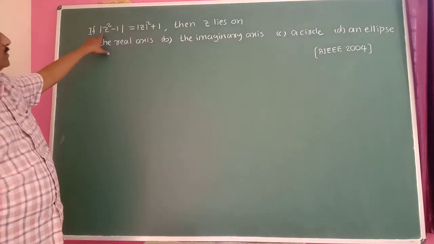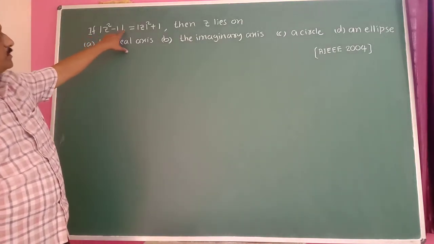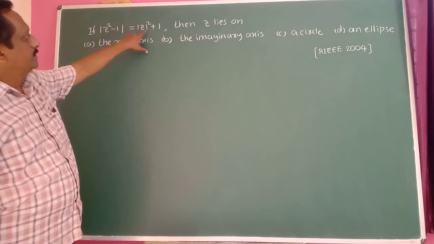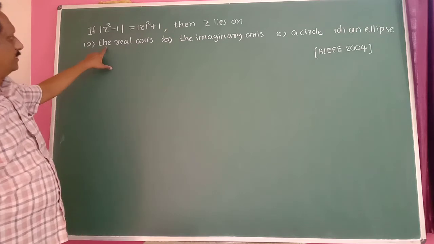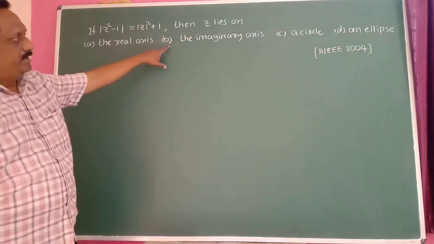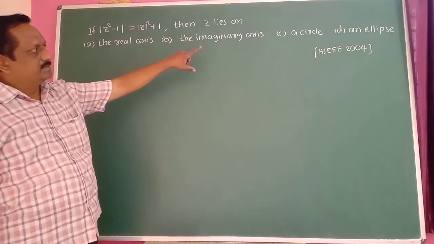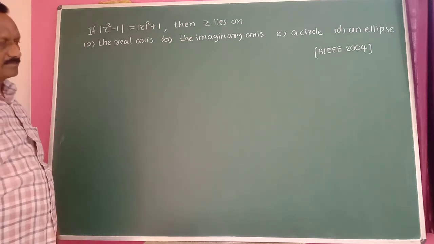If modulus of z square minus 1 equals modulus of z square plus 1, then z lies on the real axis, imaginary axis, third option circle, fourth option ellipse.